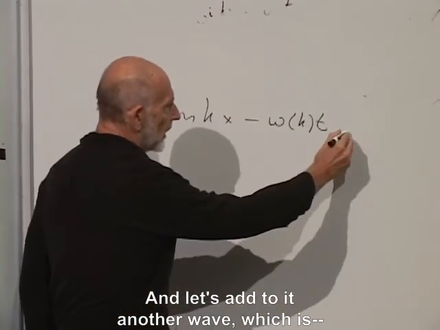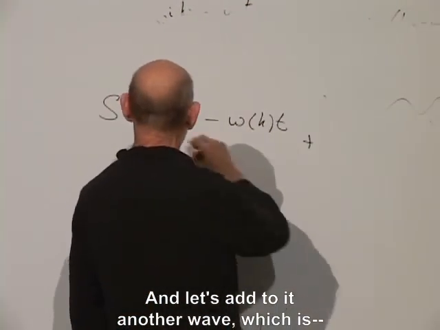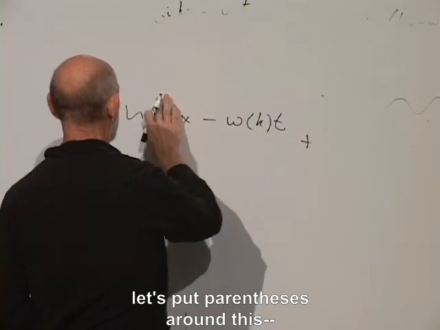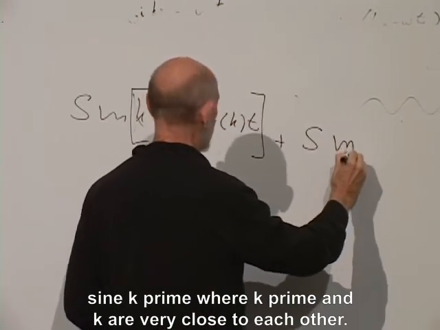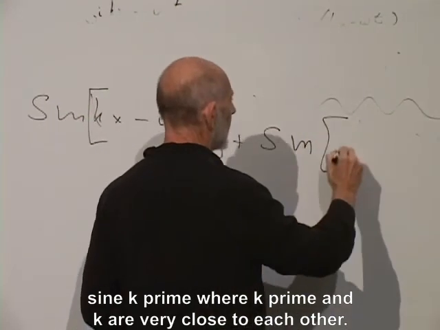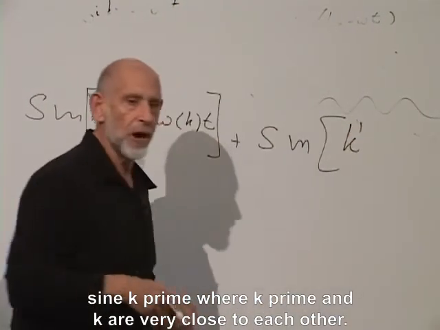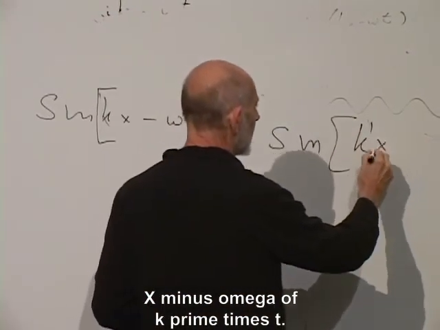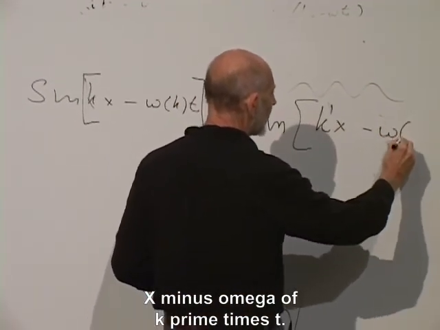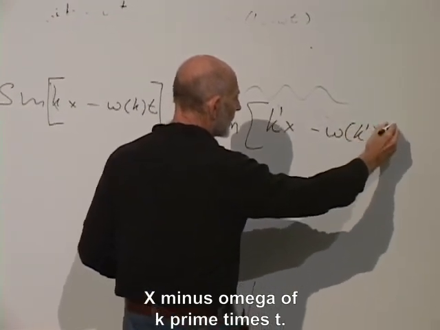And let's add to it another wave, sine of k prime x minus omega of k prime times t, where k prime and k are very close to each other.